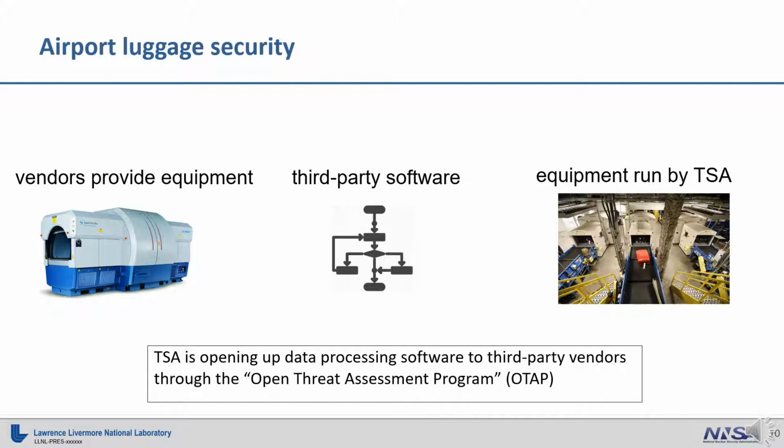And their part of the software chain was the part that looks at the CT images and says whether it thinks this is an explosive or not. Well, we think LTT would fit very nicely in this framework because of its flexibility, because it's not tied to a specific geometry, that we could easily fit in this third-party software space.